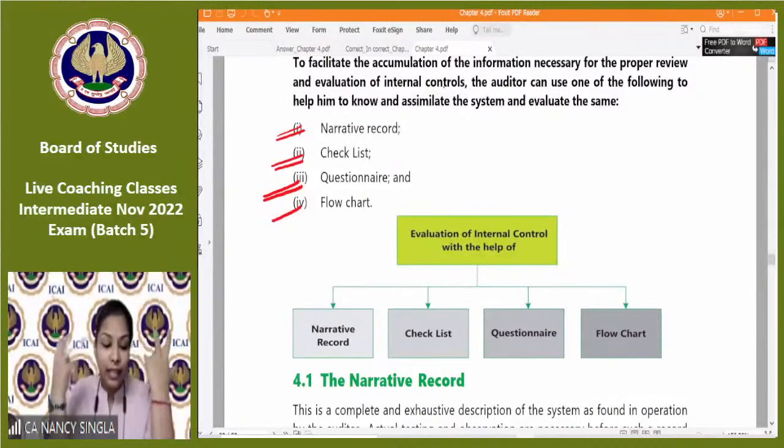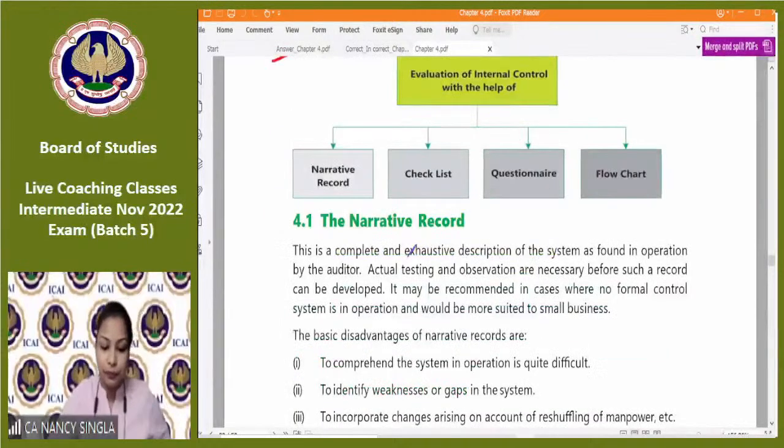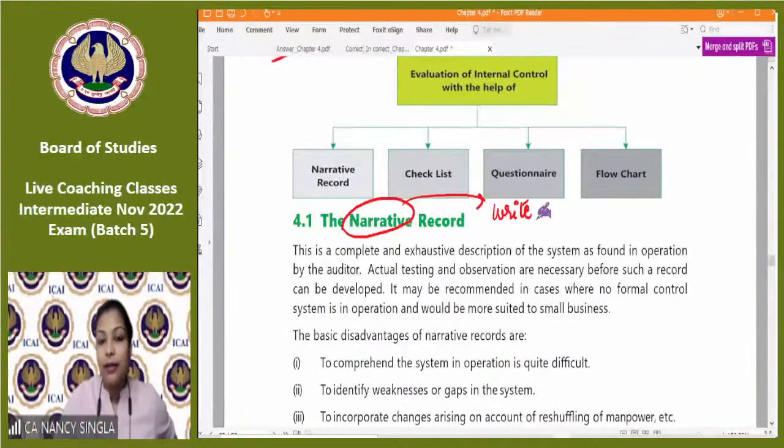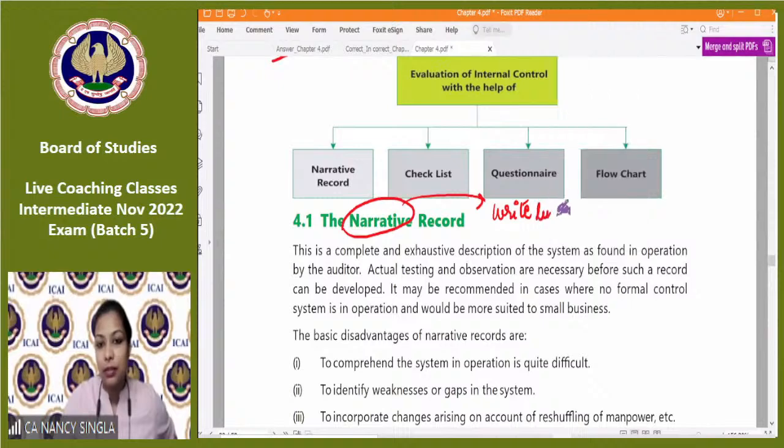So narrative, if you look at the dictionary meaning of the term narrative, it means to write line by line, just line by line in paragraphs.